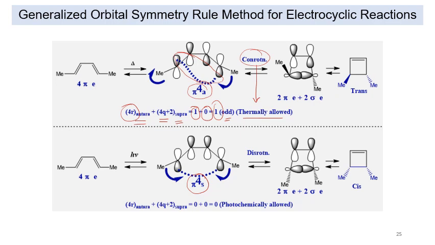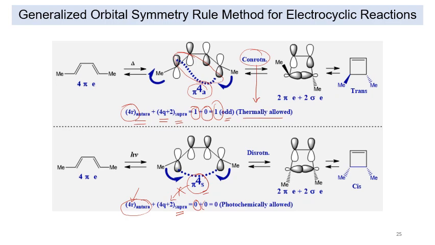Alright, so how many antarafacial interactions do we have? Do we have any components with 4R for the antarafacial? No, we do not have, therefore this is 0. And the 4Q plus 2 system, do we have any supra components? No, we do not have supra components that conform to the 4Q plus 2 system.